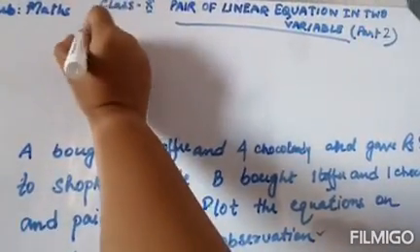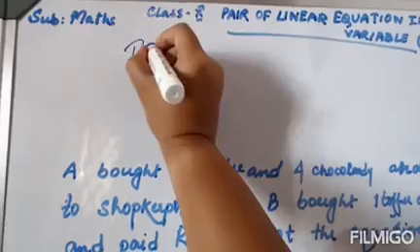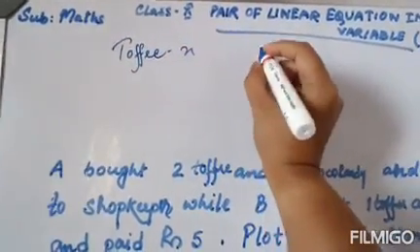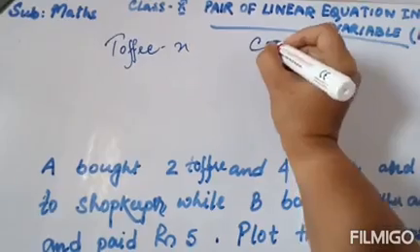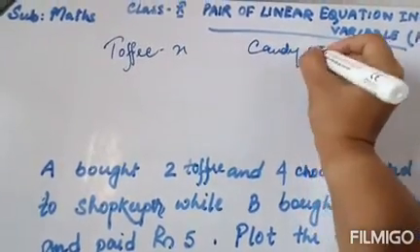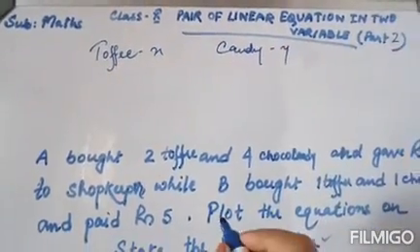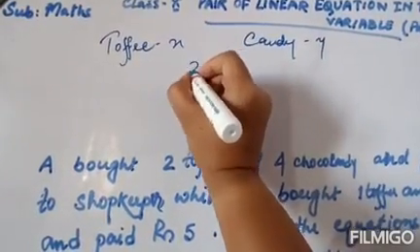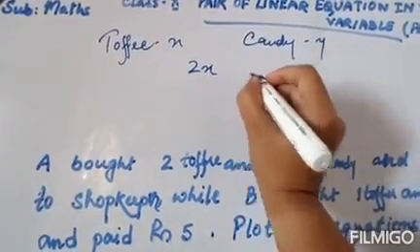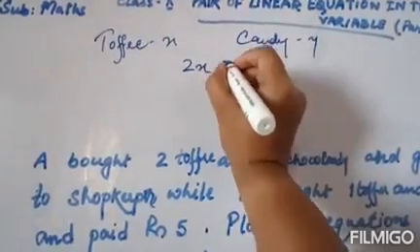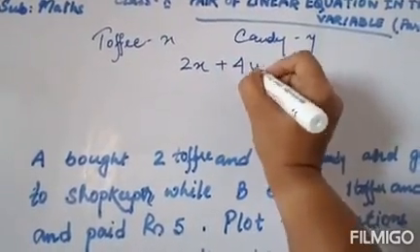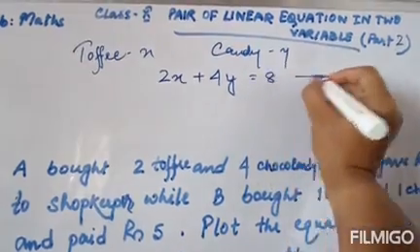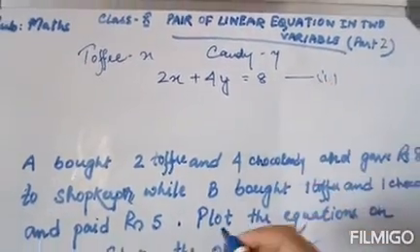So let toffee be x and candy be y. If toffee is x and candy is y, then 2 toffees means 2x and 4 candies means 4y, and he gave 8. This is our first equation, correct?